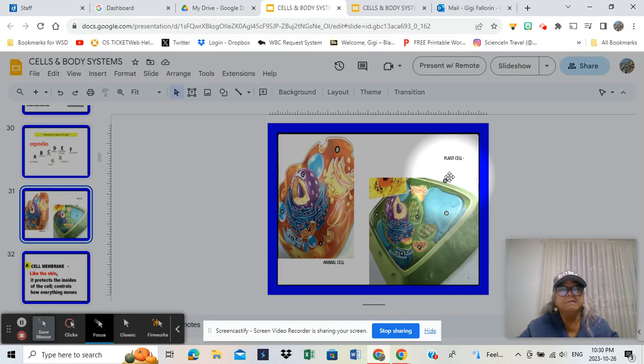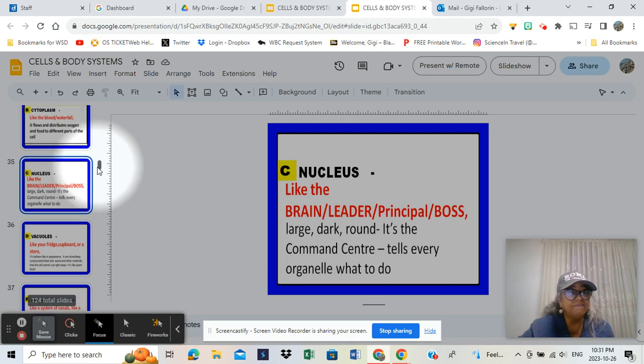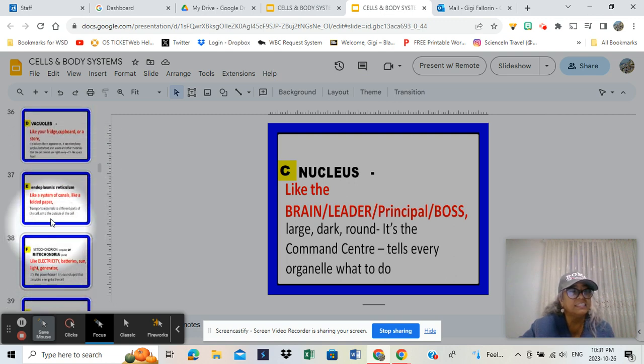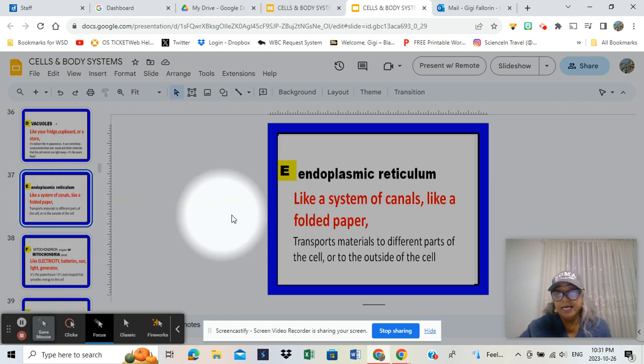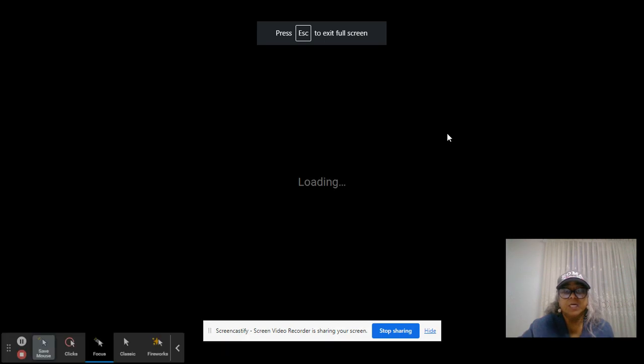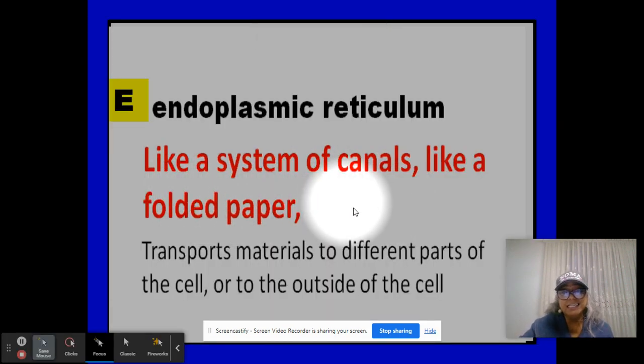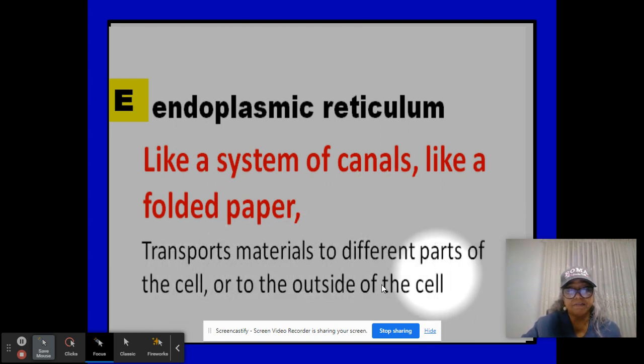Okay. Now let's move on. After the vacuole, what comes next? Big word. Endoplasmic reticulum. So what is it? Think of it like a system of canals, like a folded paper. It transports materials to different parts of the cell or to the outside of the cell.